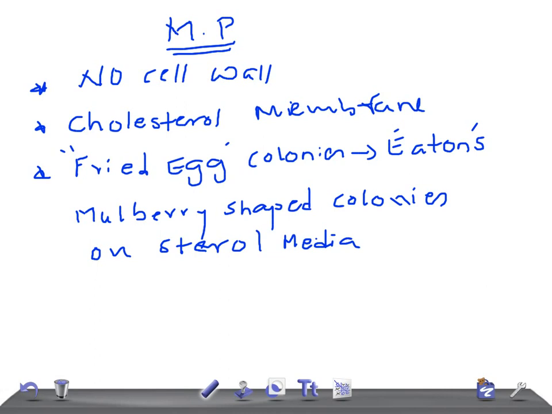So let's talk about Mycoplasma. They are the smallest free living bacteria. Remember, they are extracellular smallest living bacteria. So who is the reservoir? The reservoir is the human respiratory tract.